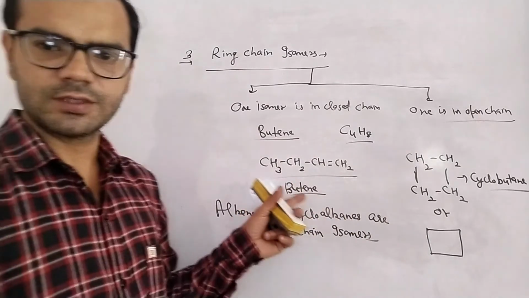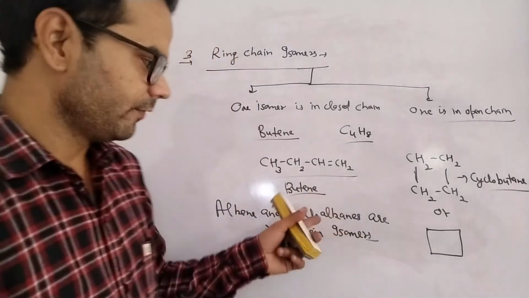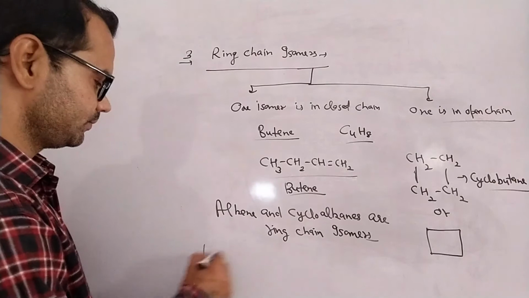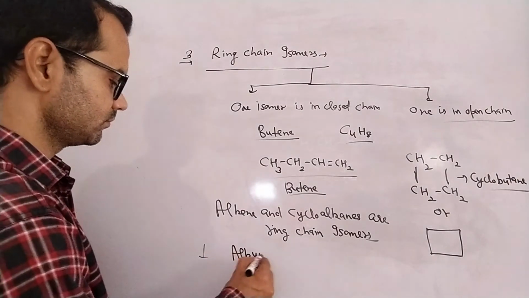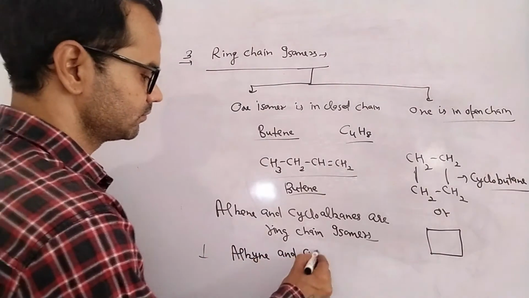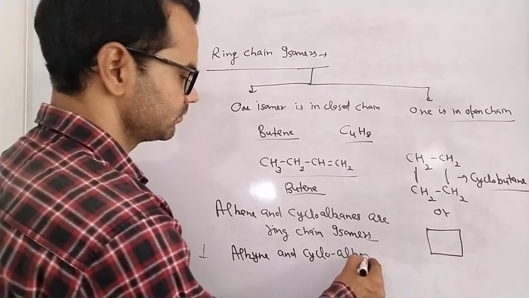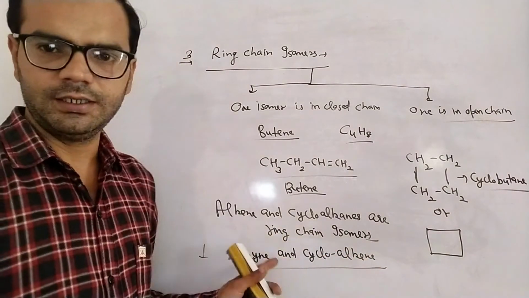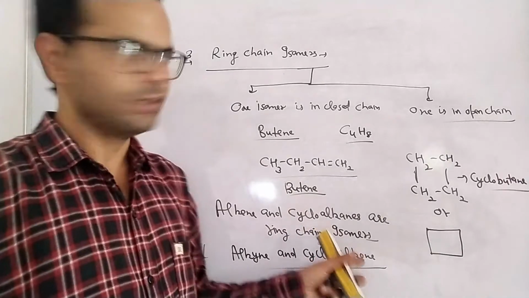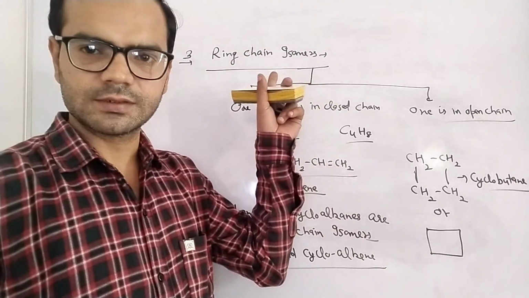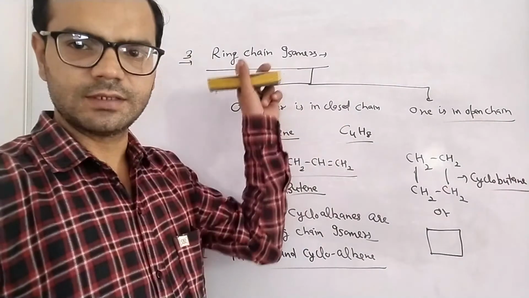Similarly, one conclusion may be drawn from this statement: alkynes and cycloalkenes will be ring chain isomers. That is for the third isomer, ring chain isomer.